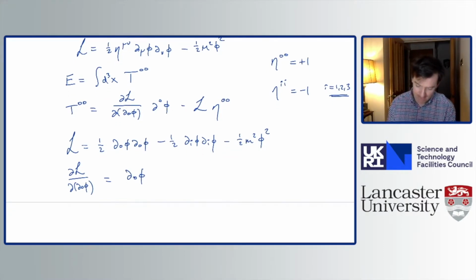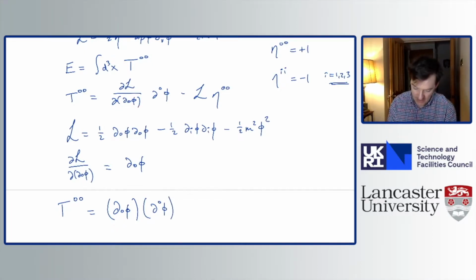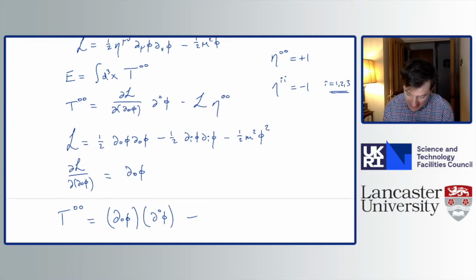Okay, that's easy. So T00 then is going to be d0 phi times d0 phi. In other words, I'm substituting into the expression above. And then I need to subtract off eta 0, 0 times L. So eta 0, 0 is simply +1.